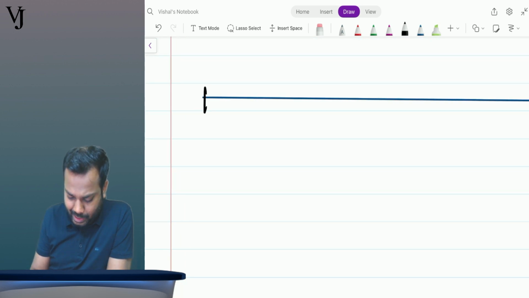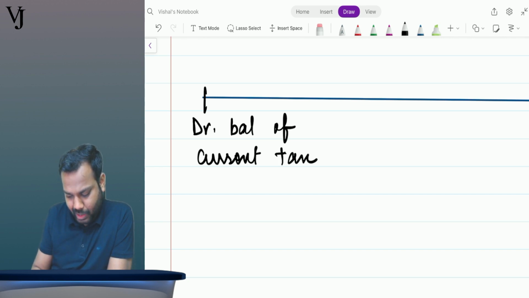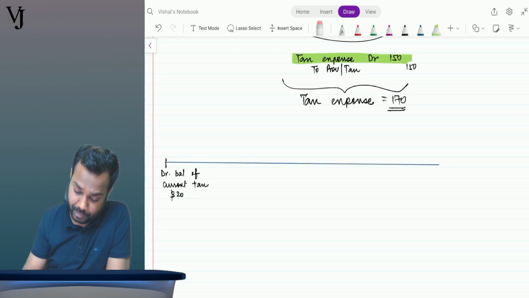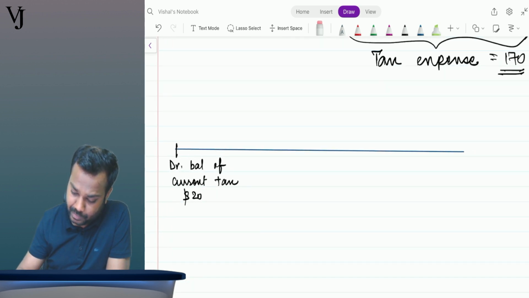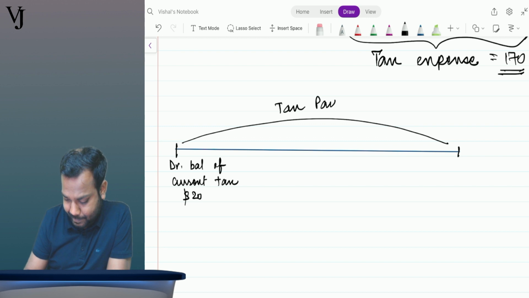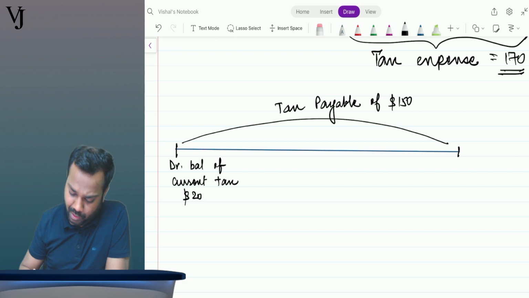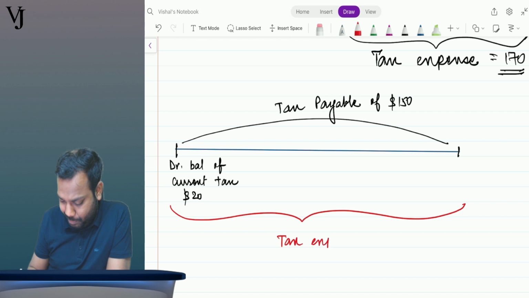The question will say that there is a debit balance of current tax amounting to $20, and for this year there is a tax payable of $150.